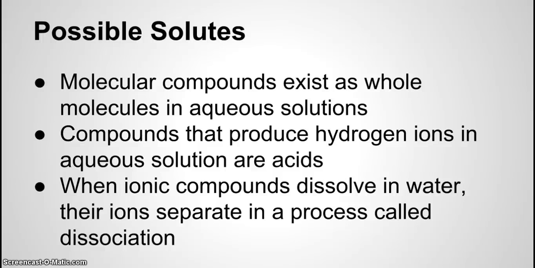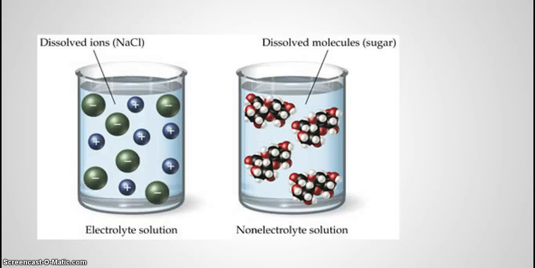All right, now our possible solutes, the possible things that could be in solution, are molecular compounds, and they exist as whole molecules. They could be compounds that produce hydrogen ions, and we call those acids, or they could be ionic compounds that dissolve in water, and their ions separate in a process called dissociation. Now, if you take a look here, you can see the difference. NaCl is ionic.